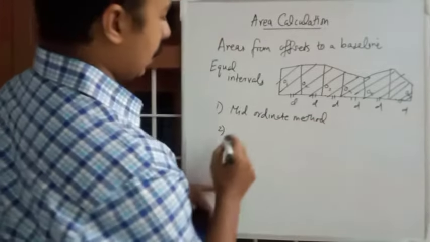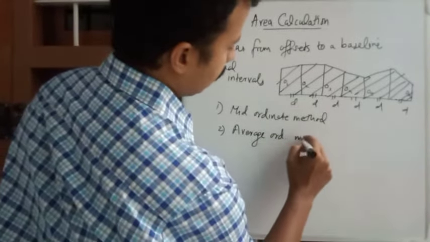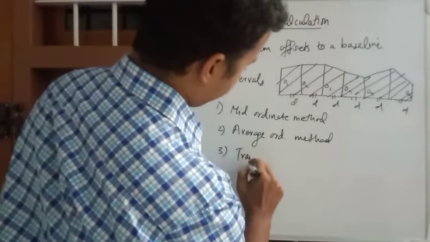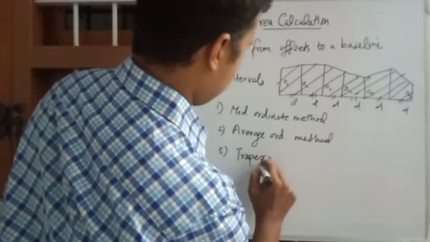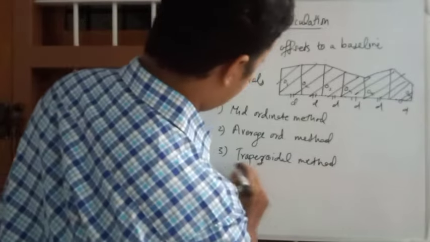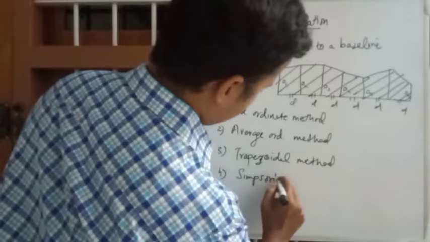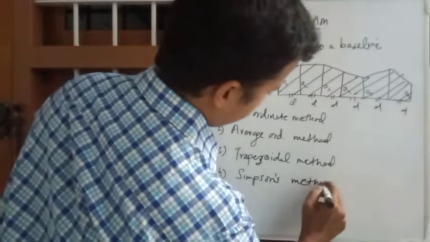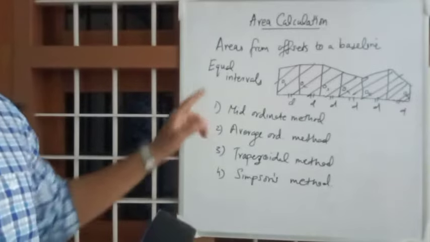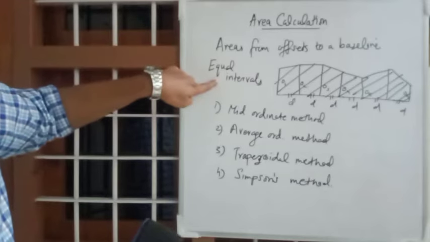Second one, average ordinate method. Third one, trapezoidal method. And last one, Simpson's method. These four methods are primarily used to find areas from offsets to a baseline with equal intervals.